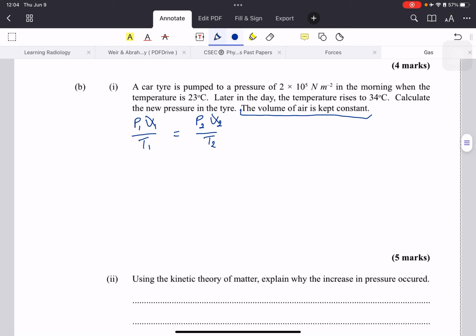However, in gas questions, we don't use degrees Celsius. We use Kelvin. And to calculate Kelvin from degrees Celsius, all we have to do is add 273 to any degrees Celsius. So for example, in the morning when the temperature was 23, to get that into Kelvin, it will be 273 plus 23, which will be 296 Kelvin, right?